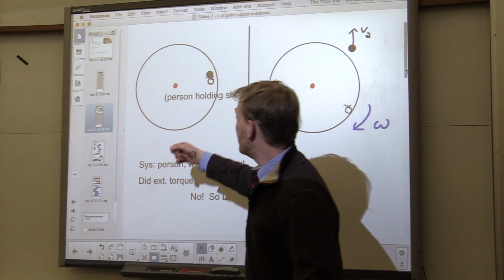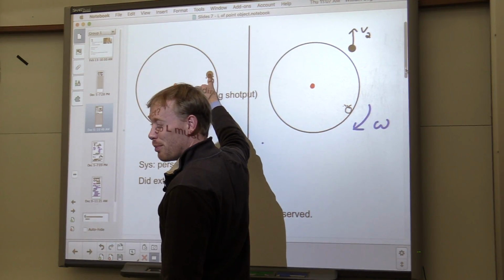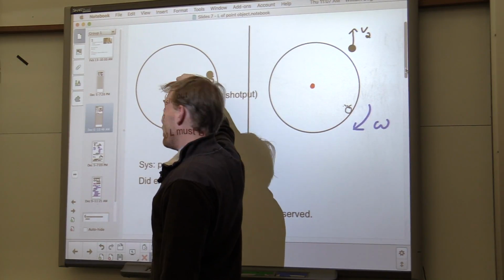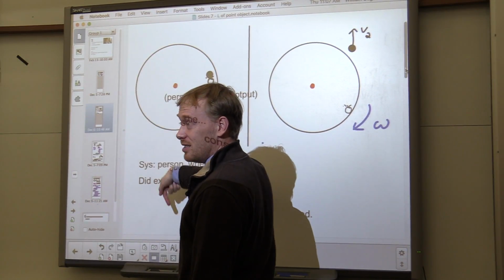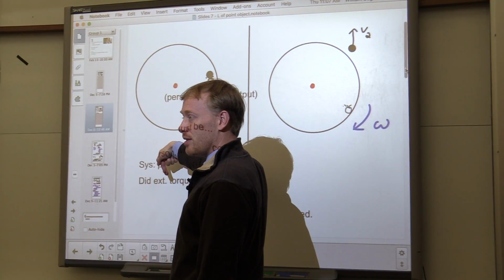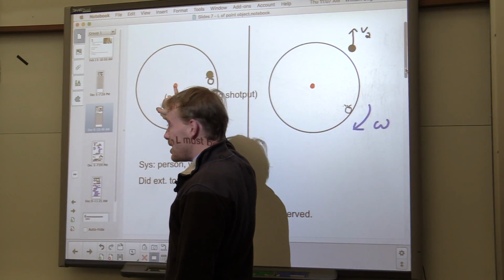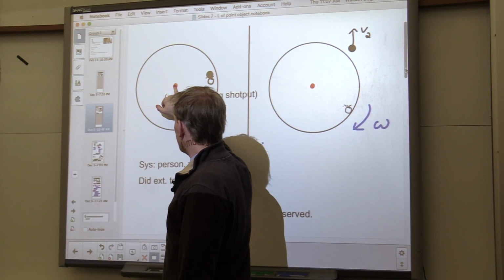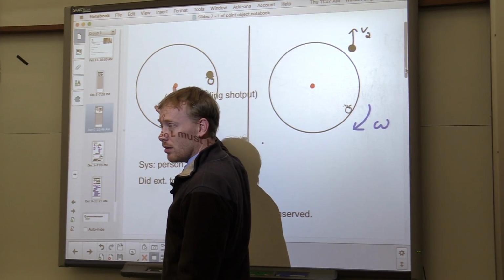If it didn't, then the force by the shot put on the person wheel would accelerate the person wheel down the page. Everybody okay with that? Yep. So there must be some force that this bolt or this axle exerted on the wheel.